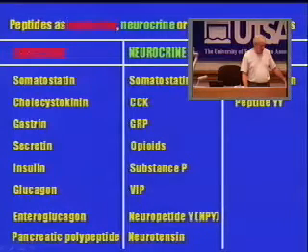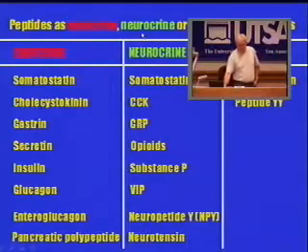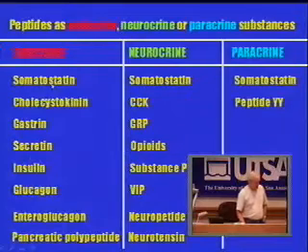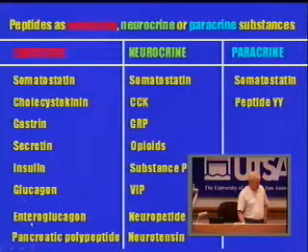These peptides can be categorized as endocrine, neurocrine, or paracrine substances. And so the endocrine ones are somatostatin, cholecystokinin or CCK, gastrin, secretin, insulin, glucagon, enteroglucagon, pancreatic polypeptide.